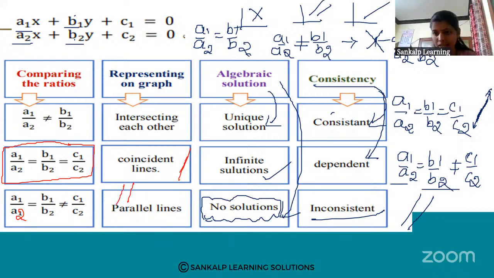If it is parallel lines, then there are no solutions and the graph is inconsistent. That means the equations are inconsistent. Okay, remember: consistent, dependent, inconsistent. When it will be consistent, when it will be dependent, and when it will be inconsistent. So remember the ratios. This full chart is important.